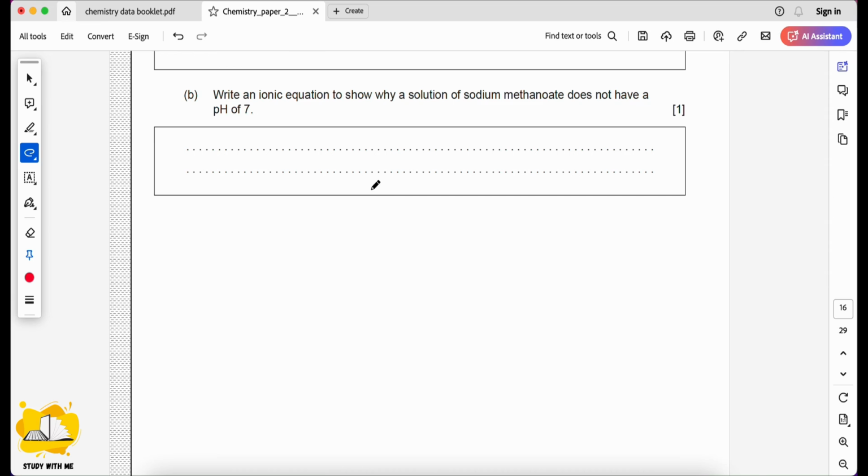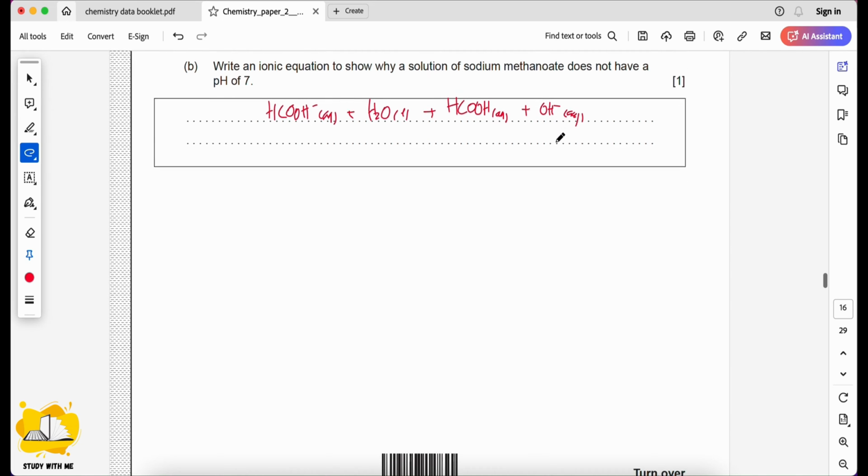Write an ionic equation to show why a solution of sodium methanoate does not have a pH of 7. HCOO- plus H2O liquid produces HCOOH aqueous and OH- aqueous.